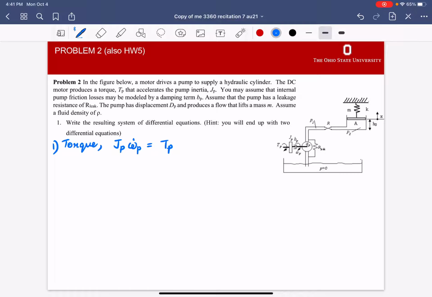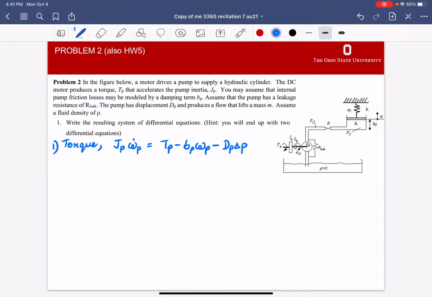We'll just call the pump torque T in this case, and that would be equal to dP times delta P. So you have minus Bp times omega P, which models the frictional losses, minus dP delta P. So that's the pump torque that I was talking about.